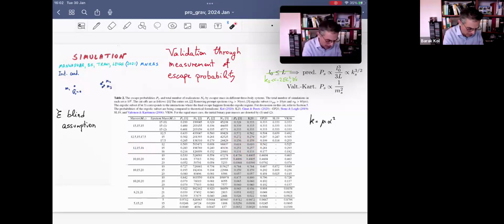If you look at other theories that were suggested along the years, they give you the same tendency that the lighter object, the 12, has the higher probability of escaping. Yes, so if you have a 3-body system, then the lighter object has the higher escape probability.